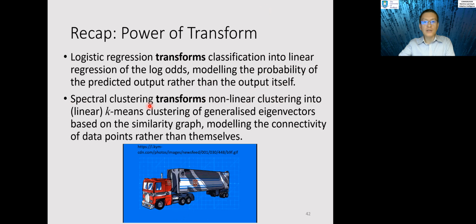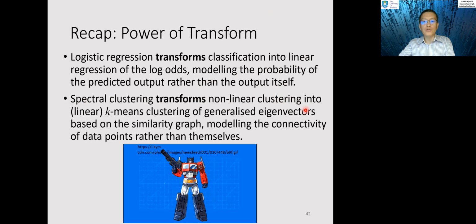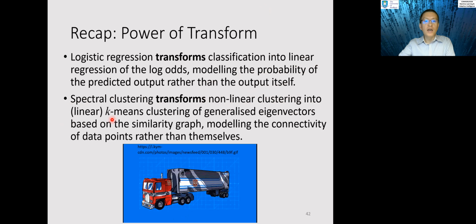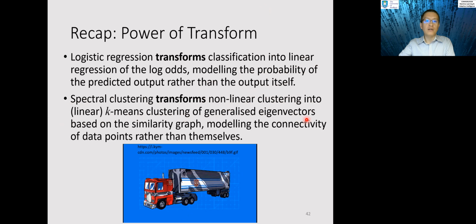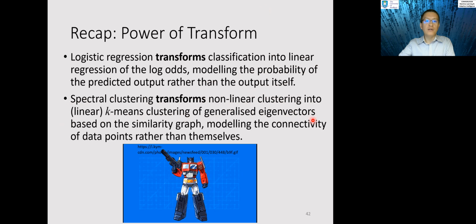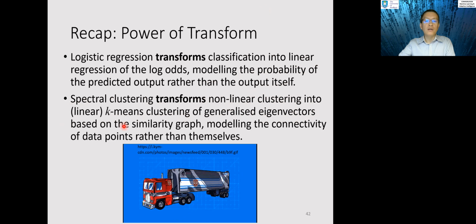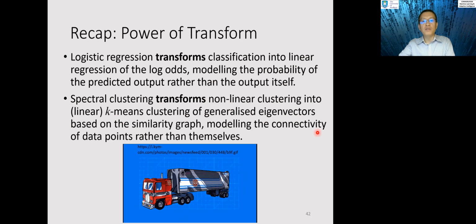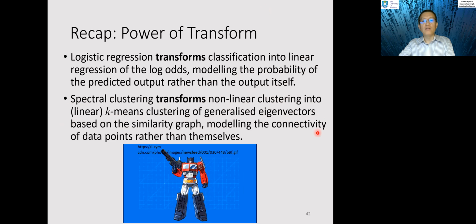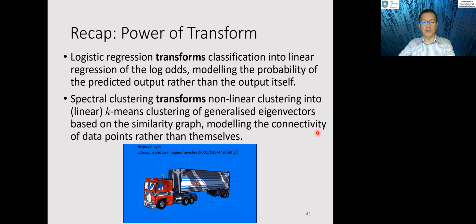So spectral clustering transforms nonlinear clustering into a linear k-means clustering of the generalized eigenvectors. And these eigenvectors are based on the similarity graph, which models the connectivity of data points rather than the data points themselves.